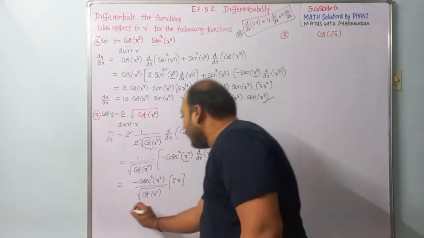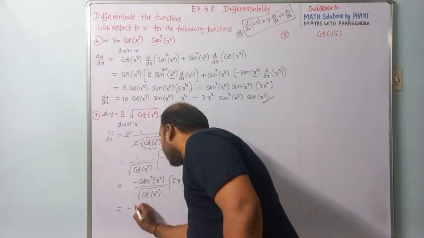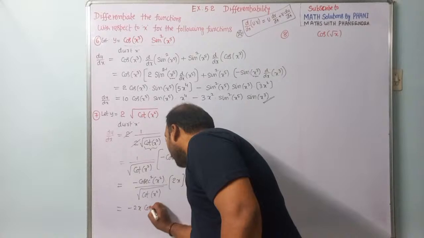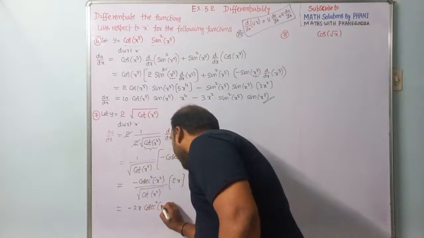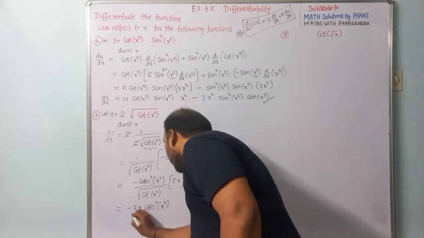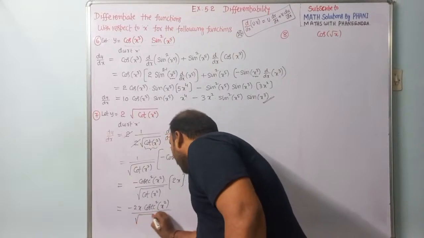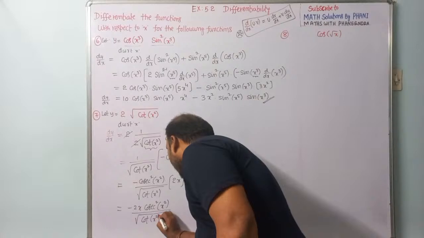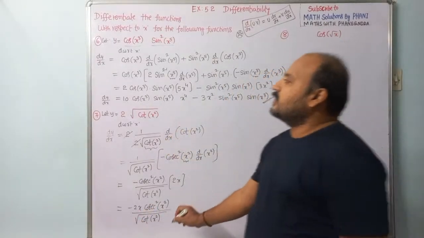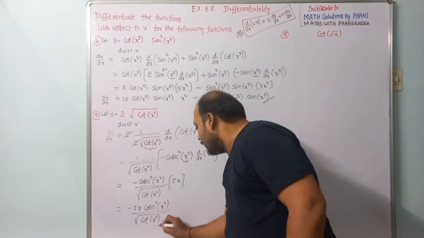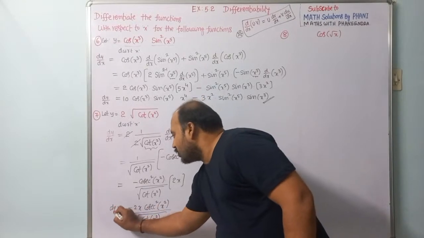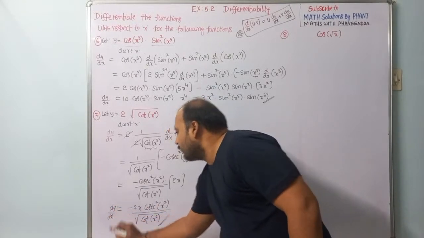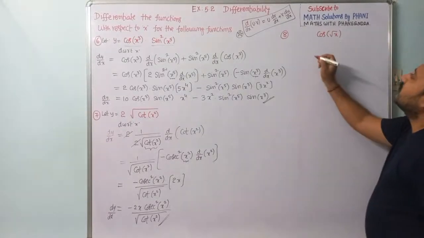So ultimately you are going to get minus 2x into cosecant square of x square divided by root of cot of x square. This is the value of dy by dx for question number 7. Now come to question number 8.